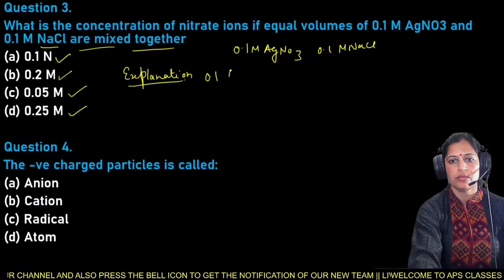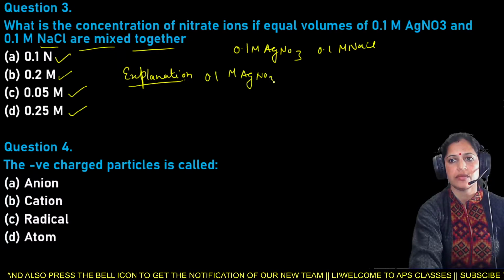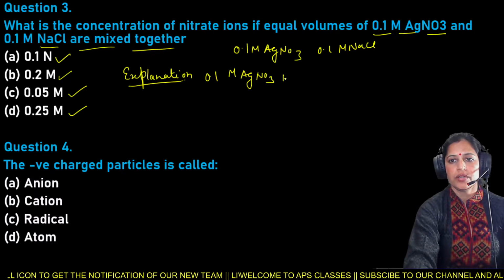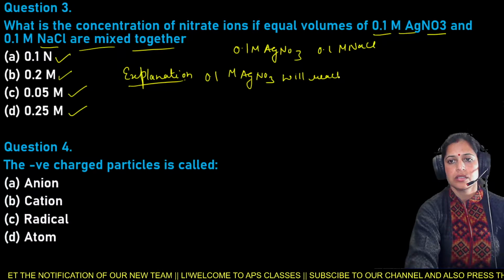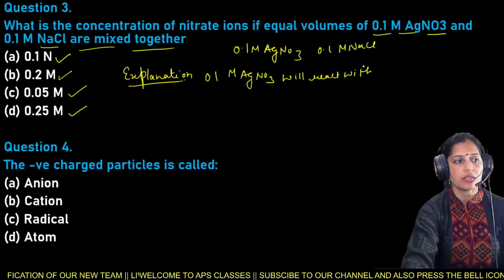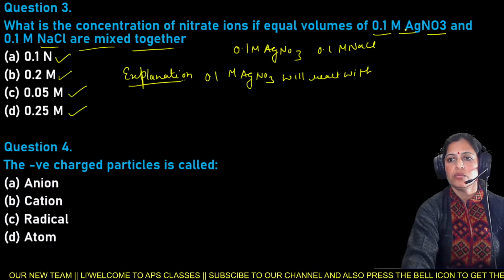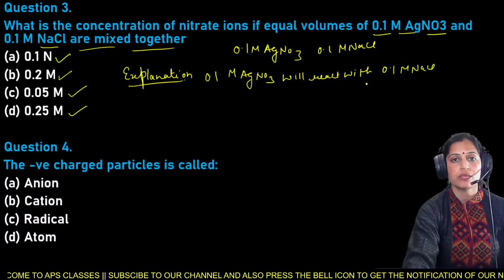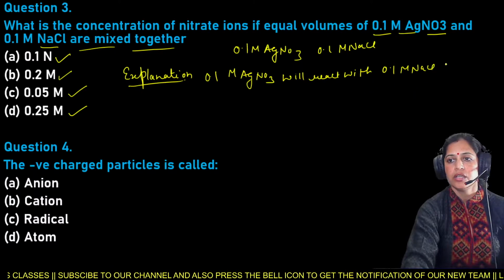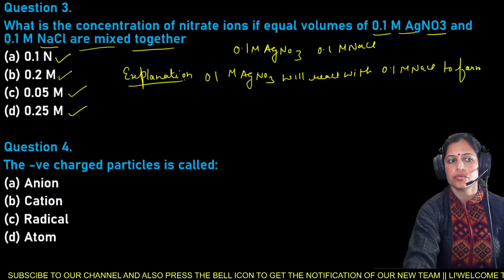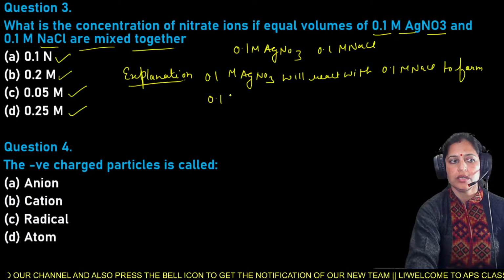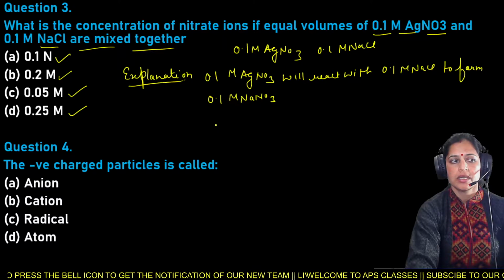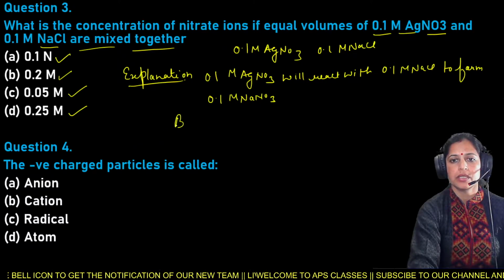The given 0.1 mole AgNO3 will react with 0.1 mole NaCl to form 0.1 mole NaNO3, that is sodium nitrate.